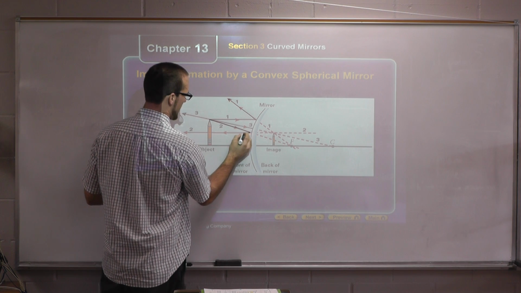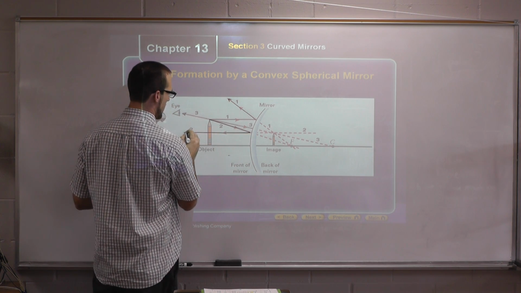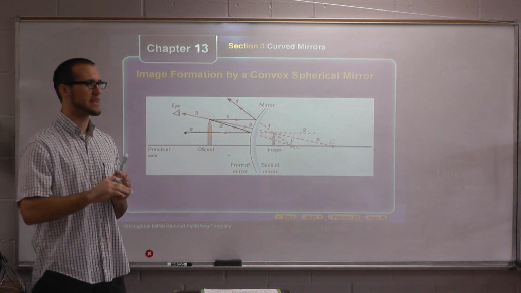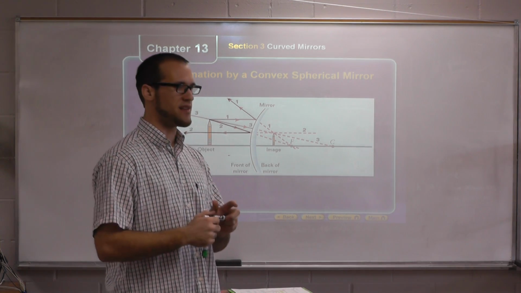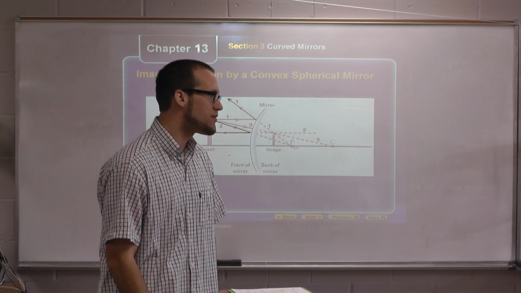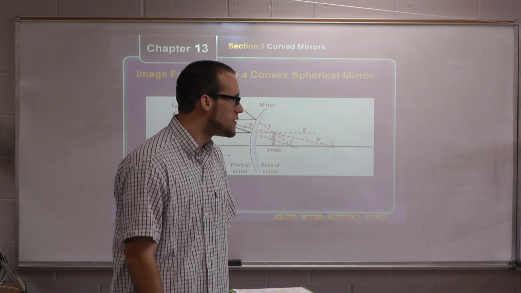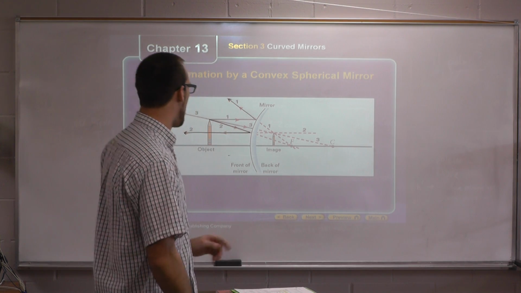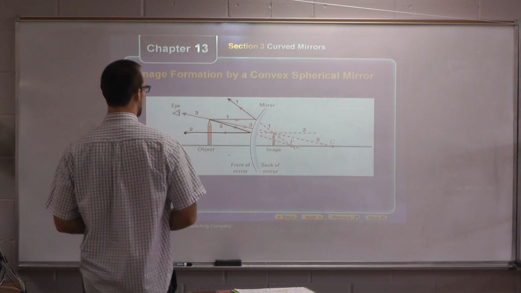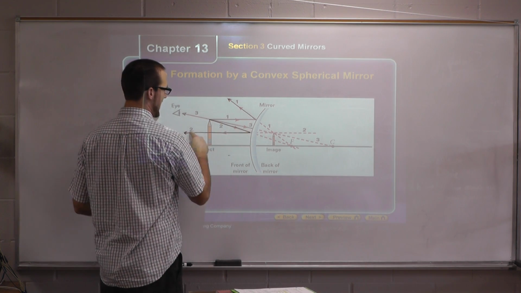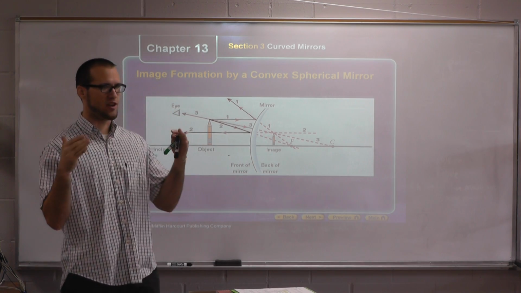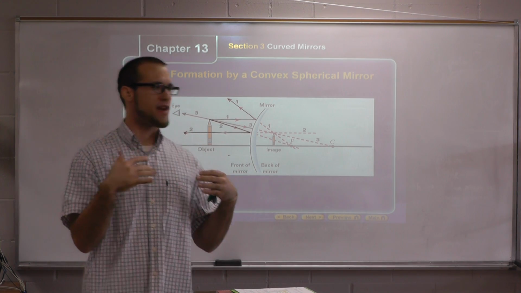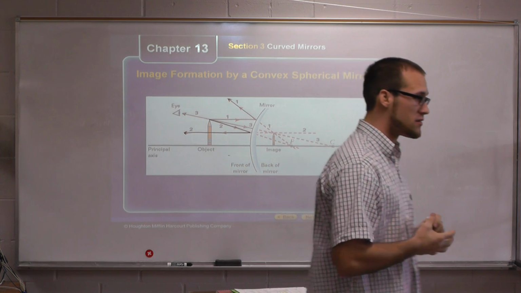These aren't the only three rays that come from that point. Light's going to be scattered from that point in all directions, but it would look really crazy if you had 1,000 lines on this page. All of these rays diverge away from each other, so they are never going to converge at one point, so they're never going to form a real image.